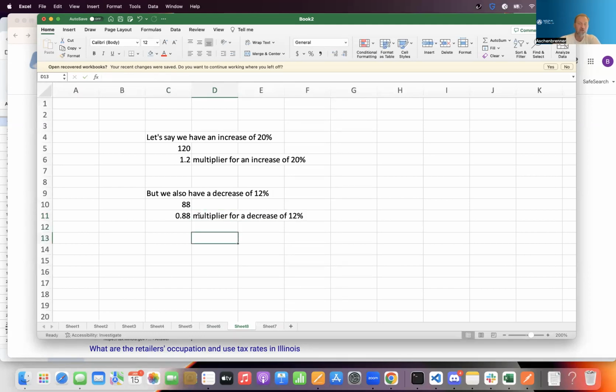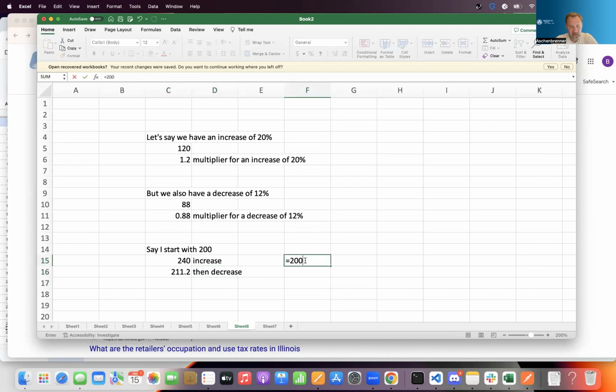All right. So the great thing is that I have a multiplier for my increase, I have a multiplier for my decrease. So let's say I start with 200. 200 times 1.2, and then take that number and multiply it by 0.88. So this is increase, then decrease. Now let's do it the other way.